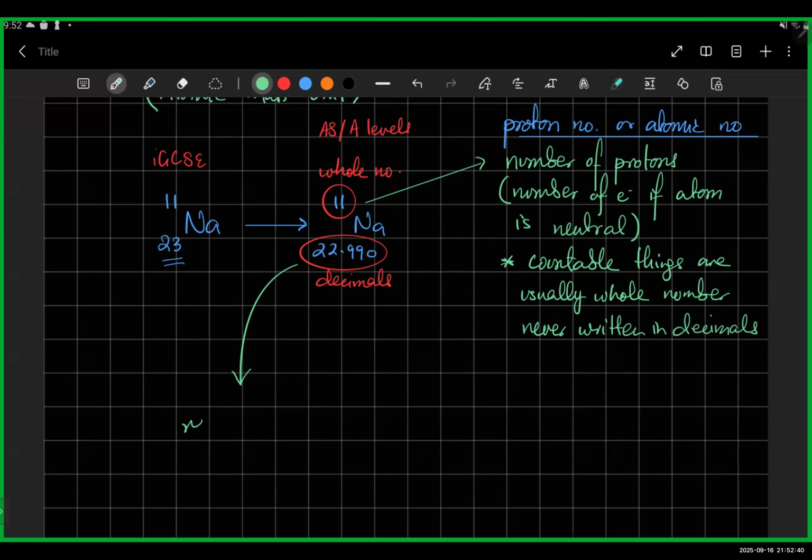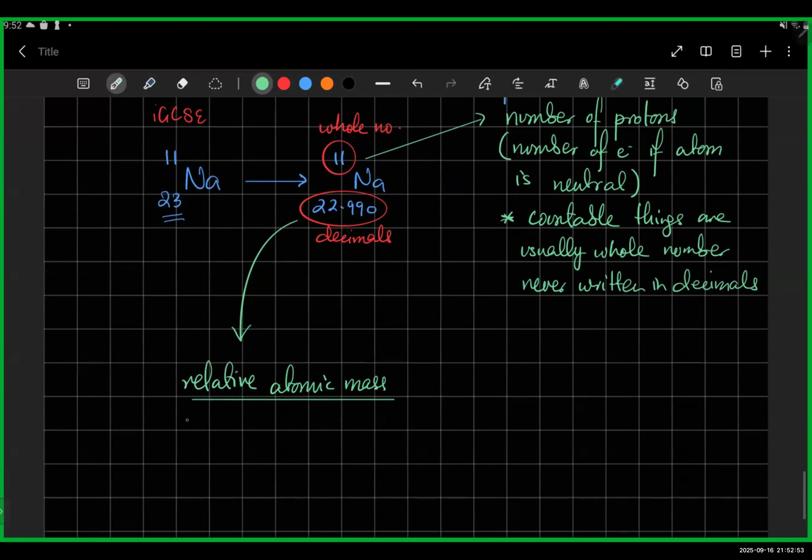Technically, this is the relative atomic mass. You can remember this is not the nuclear number. Make sure you know this. Even in IGCSE, people make mistakes. They sometimes call this the nuclear number, sometimes they call it the relative atomic mass.